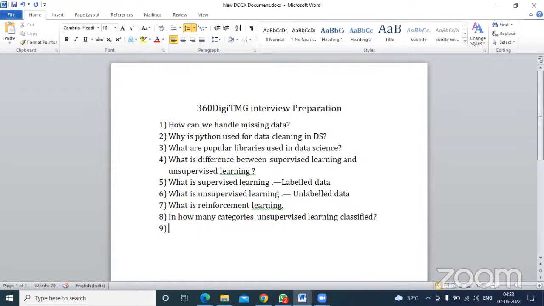Yeah, very good. Okay, in how many categories is unsupervised learning classified, friends?